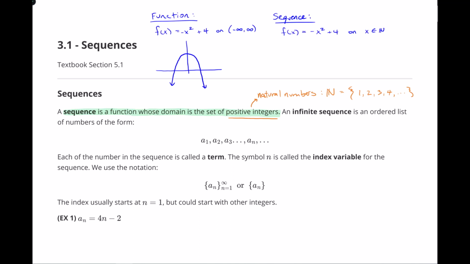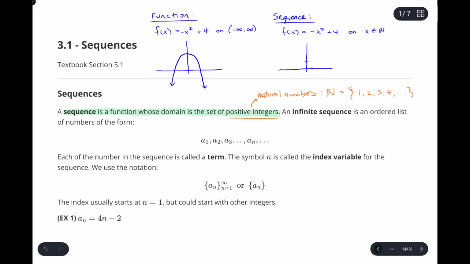So then the graph here would look a little bit different. We can't have 0, so you can't plug in 0 because it's not one of the natural numbers. You'd start with x equals 1, for instance, and then negative 1 squared would be negative 1, plus 4 would give us 3.